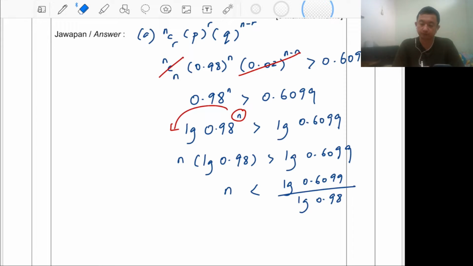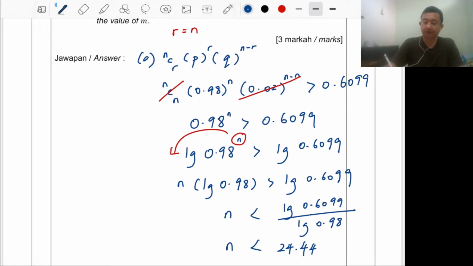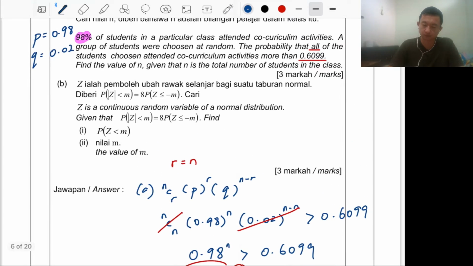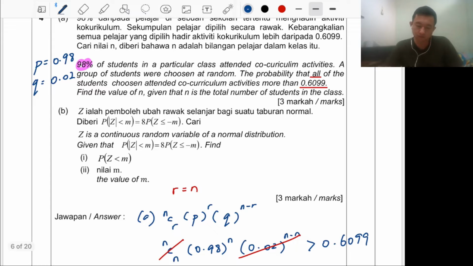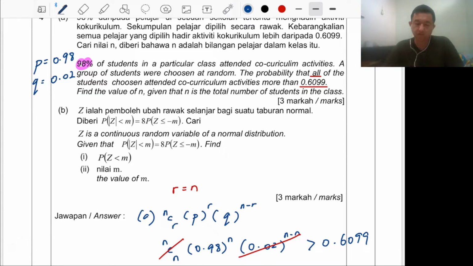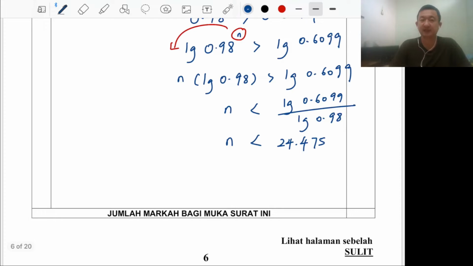Okay, let's figure out. So you should have n less than 24.475. It did not mention it, but by right, this kind of question, the only way they ask you is the maximum number since it's less than 24.